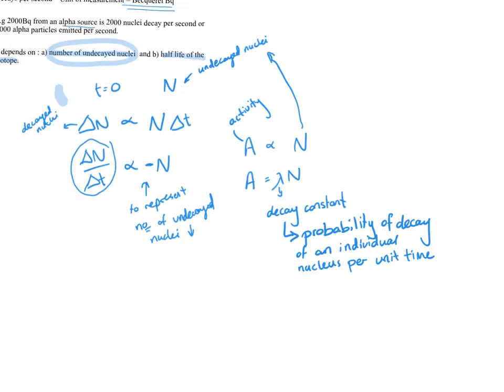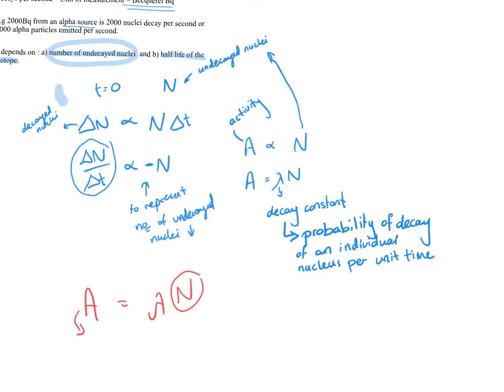In the case of the decay constant, we can consider it as the probability of decay of an individual nucleus per unit time. So it does have a unit, and we need to make sure that our units are balanced on both sides, that it's a homogeneous equation. Just to mention it here, n doesn't have a unit.